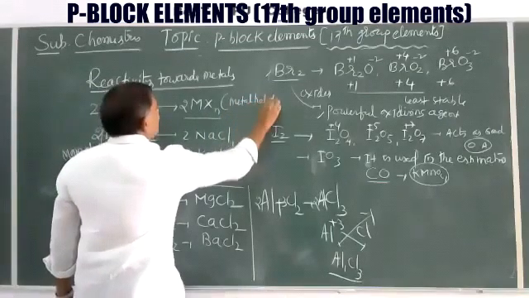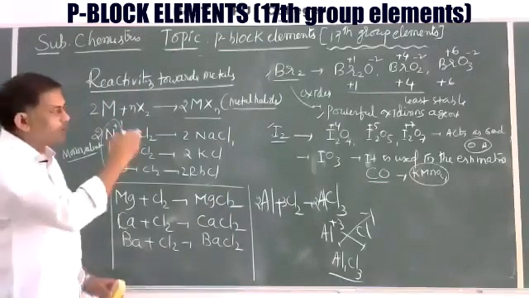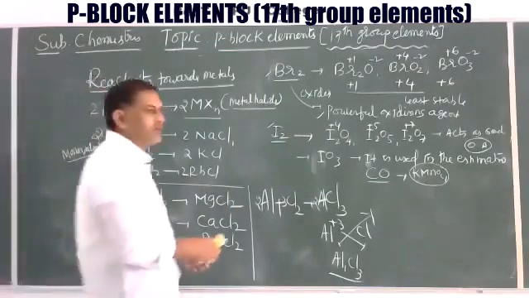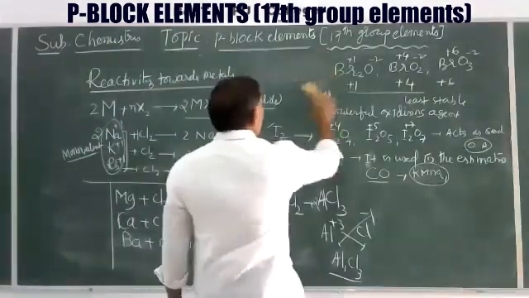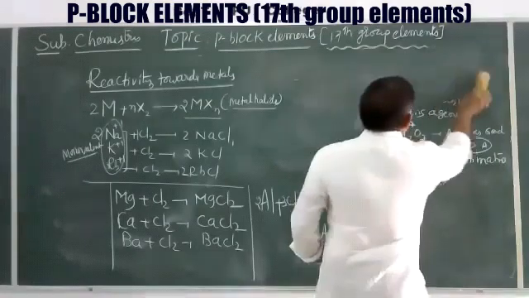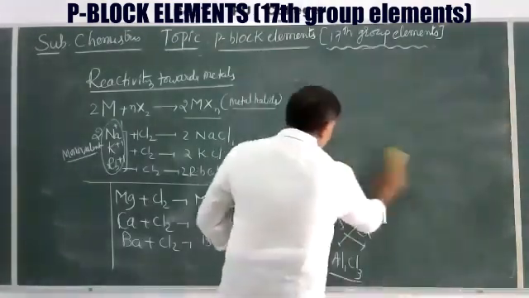So among these metal halides, which is more ionic and which is least ionic? One concept is explained here. In chemical bonding in first year, on the basis of ionic bond, one of the most important concepts was explained to you. I'll give one simple example to identify which is more ionic and which is more covalent in nature.